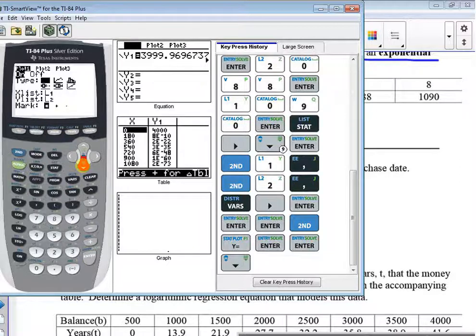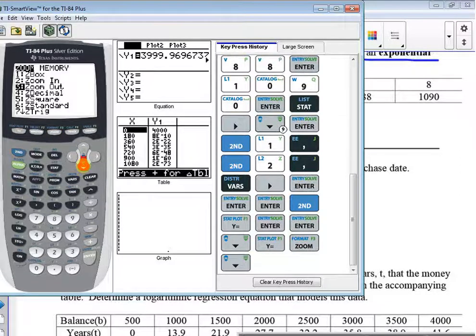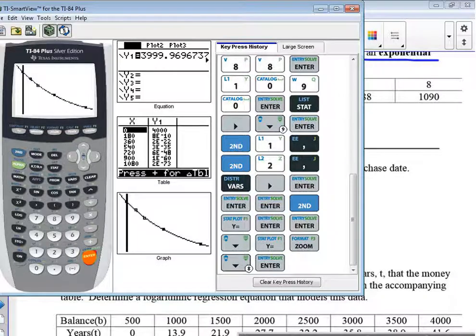If I go to y equals, just plain old y equals, I already have the equation there because I put it in there using the vars. Then if I go to zoom and I want to graph this, I want to do a zoom stat, which is number 9. And that will draw the scatter plot and the best fit curve. And boy, does that look like it goes through the points really well.